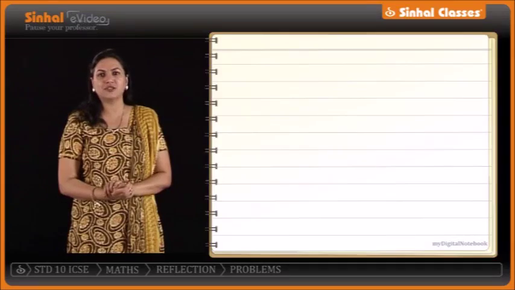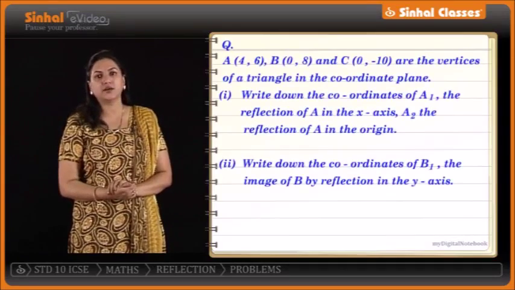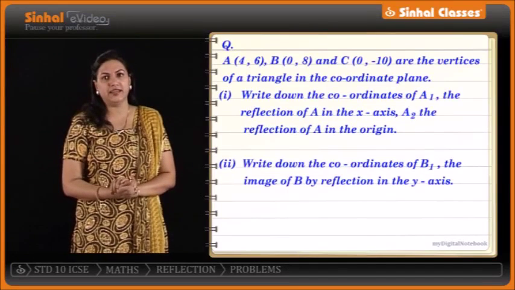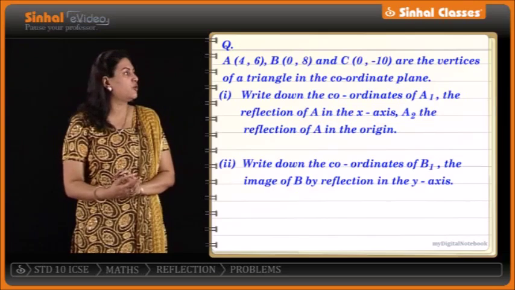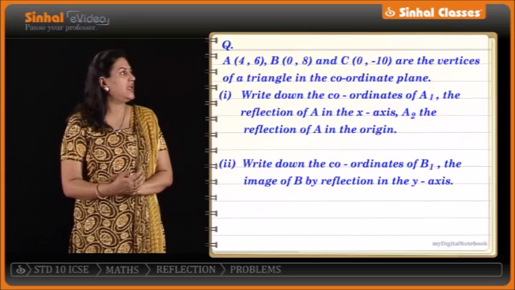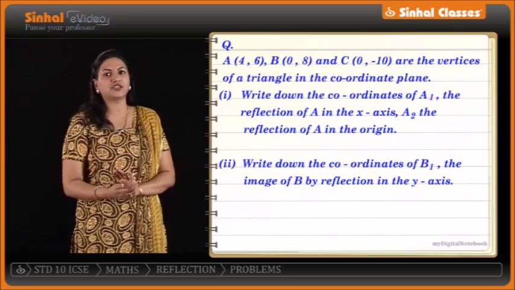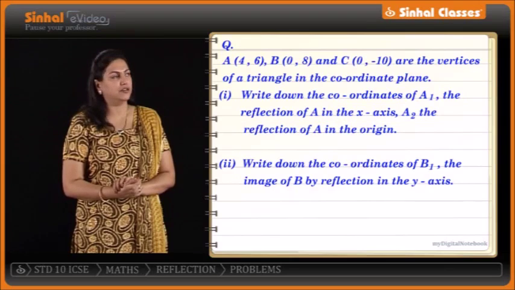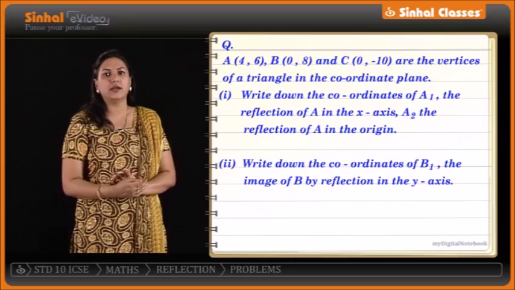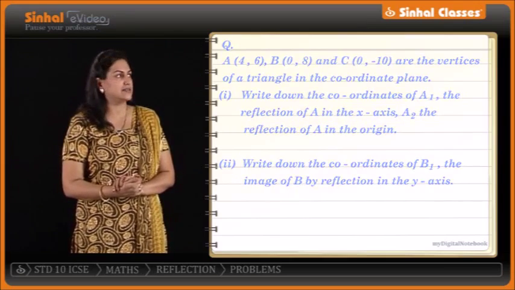Now let's move on to our next problem. A, B, C are the vertices of a triangle in the coordinate plane. Write down the coordinates of A1, the reflection of A in the x-axis, and A2, the reflection of A in the origin. Write down the coordinates of B1, the image of B when reflected in the y-axis.